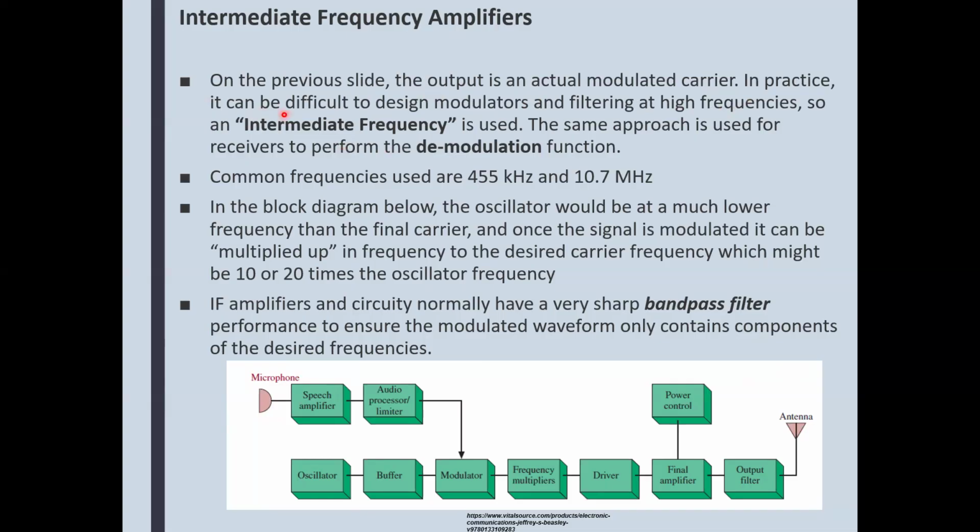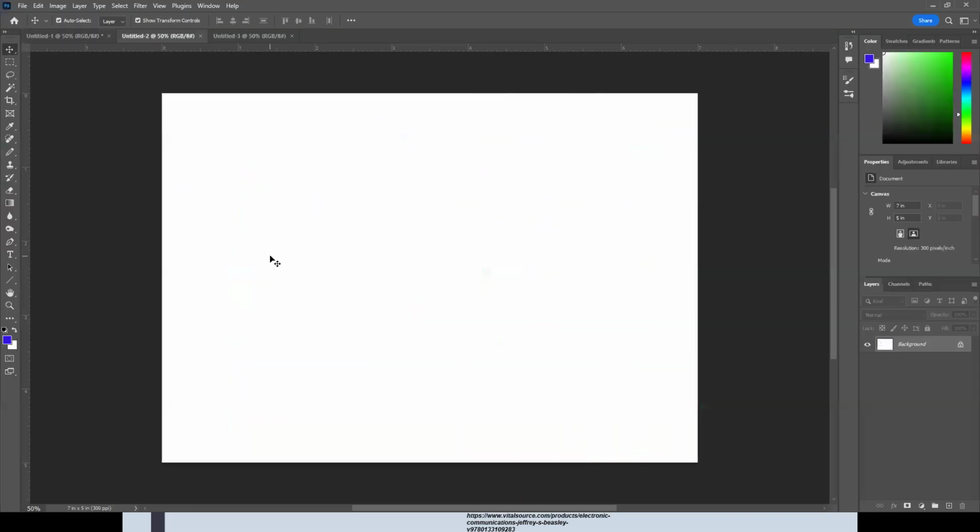In practice, it can be difficult to design modulators and filtering at higher frequencies, so intermediate frequency is used. Before we continue, I just want you to understand the concept of intermediate frequency.